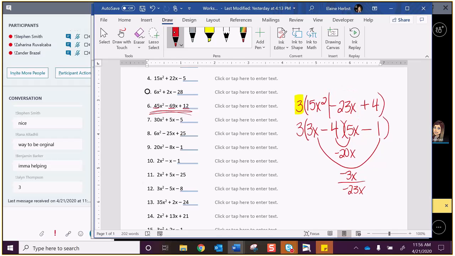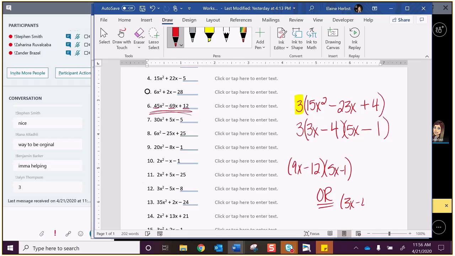Now, if you had done this one correctly and you did not factor out the 3, you would have had either 9x minus 12 times 5x minus 1, or, and this will look different, 3x minus 4 times 15x minus 3. So did anybody have either one of those for number 6 already?